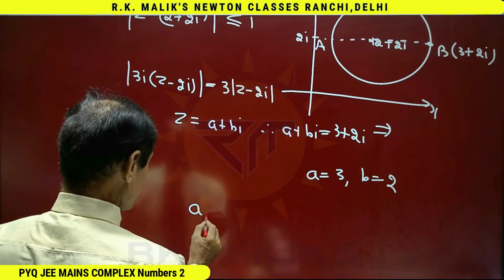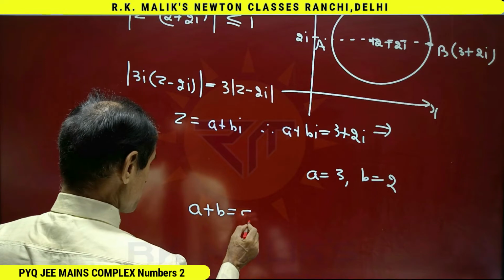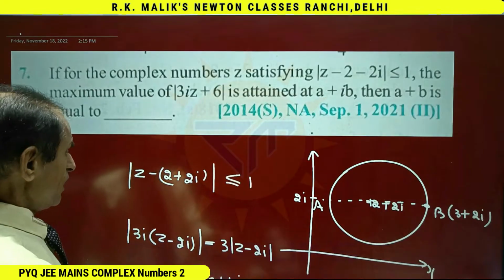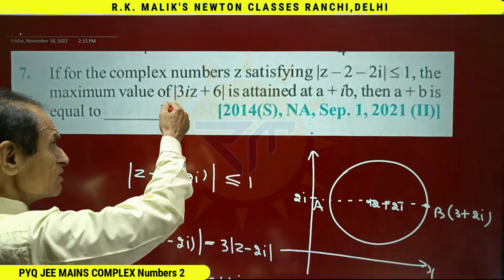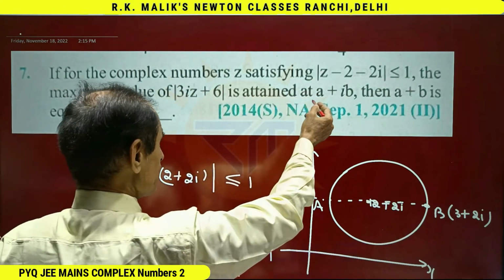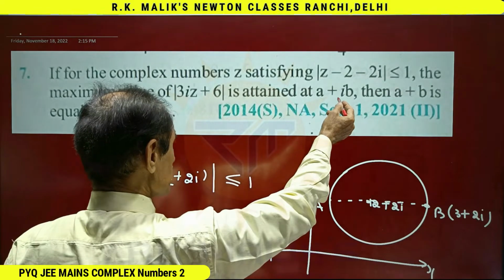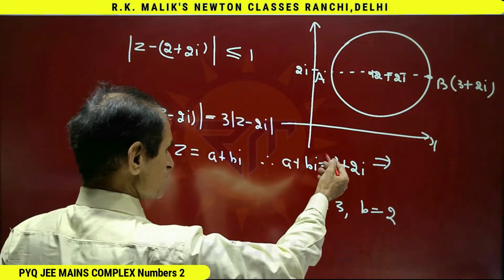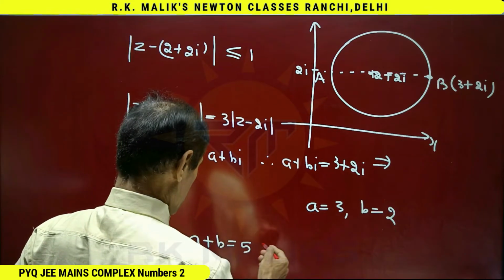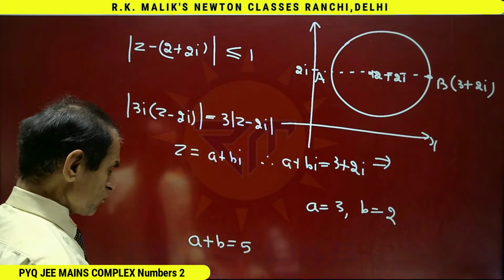Hence, at that time a plus b will become 5. Hence, we can say this is maximum when z is a plus bi, and for this to be maximum, a plus bi should be 3 plus 2i. Hence, I can say a plus b is equal to 5.